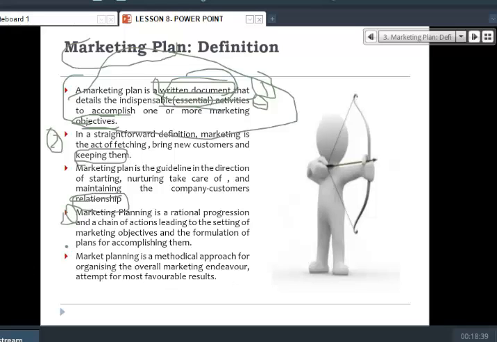So the last definition is more about the method. The marketing plan is like a tool that guides the company in fulfilling the objectives.